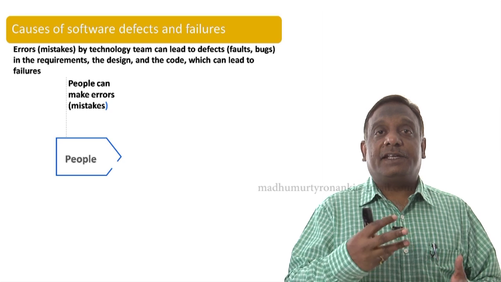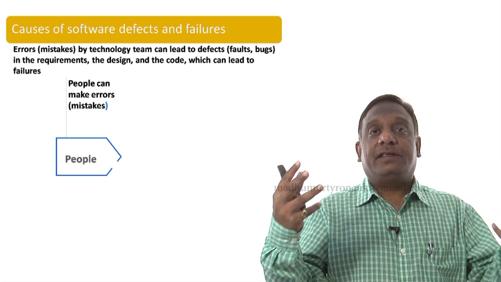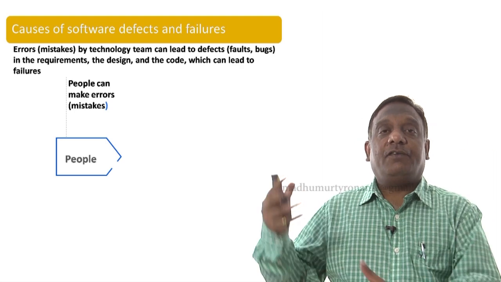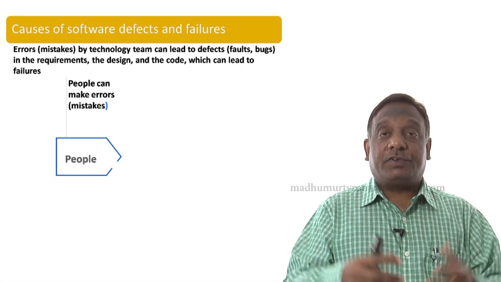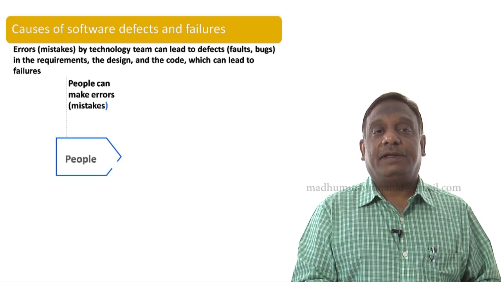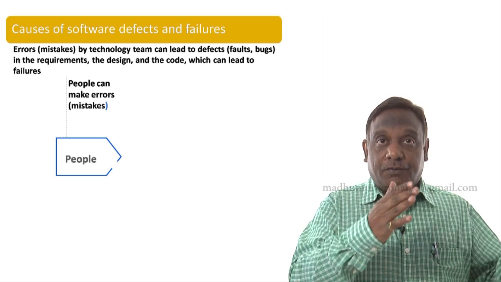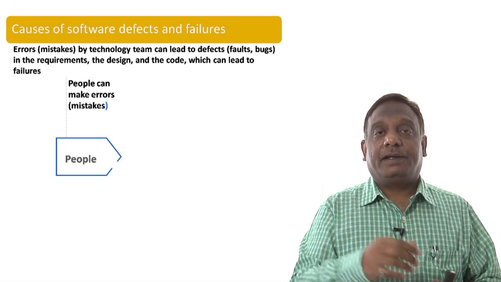They misunderstand, or they understand as if error and defect are the same, and similarly, error and failure are the same. As a professional tester, you must understand the subtle differences between these terminologies. So we'll talk about that aspect now.